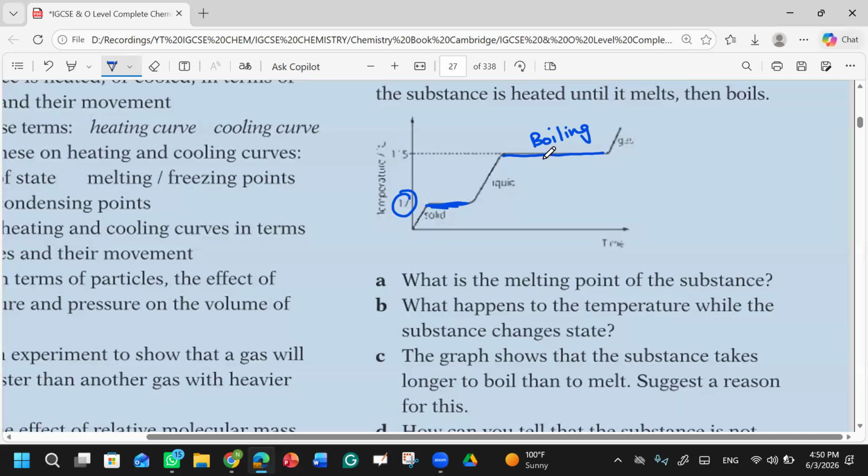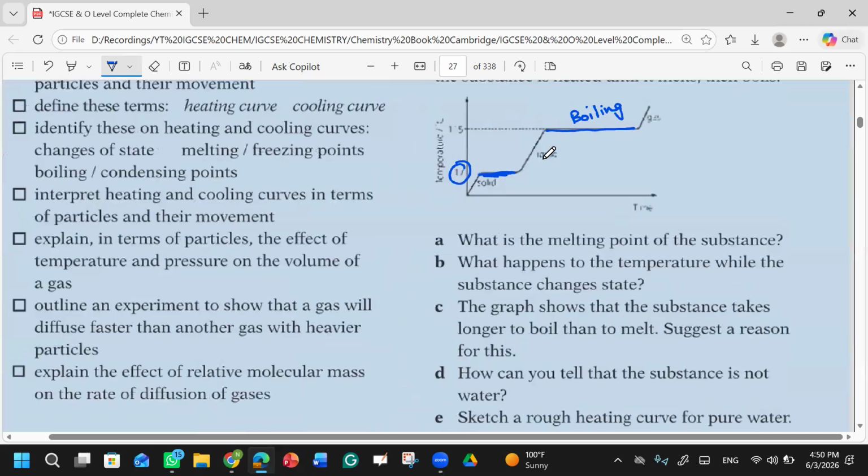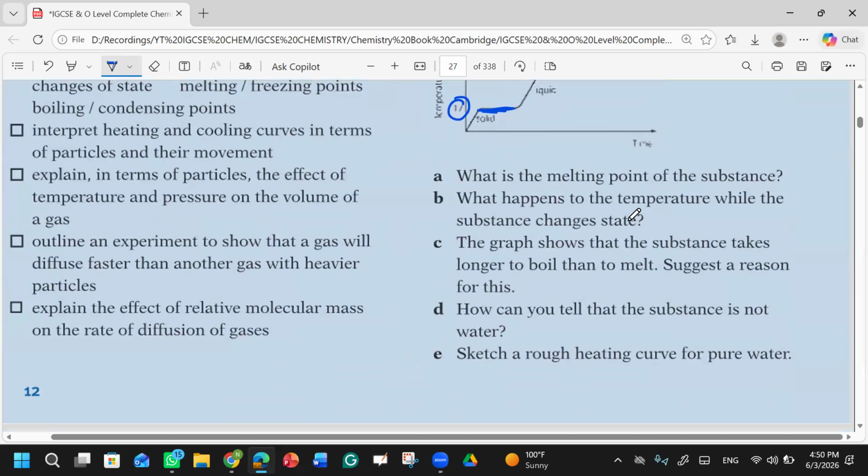Are you clear? Okay, then what happens to the temperature while the substance changes state? Think about it. What happens to the temperature?